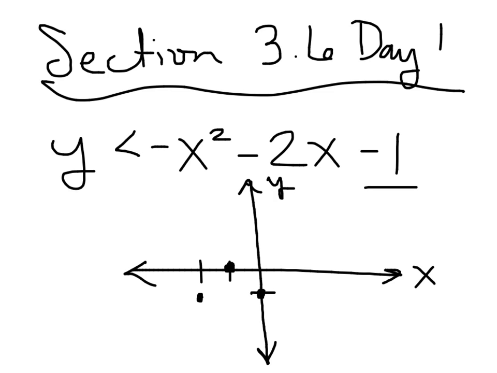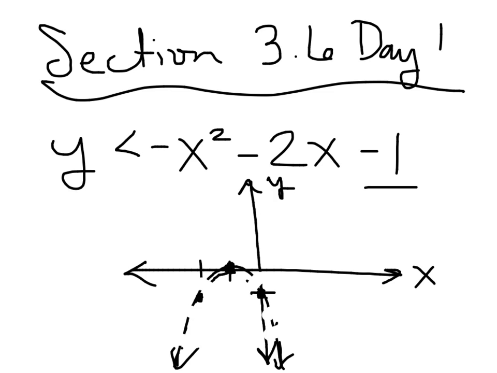If you physically cannot dash a parabola, first of all, make sure you use pencil, draw lightly, and then go back and erase little dashes into it. Okay? What I mean by that is if you can't physically make it look like a dashed parabola, then what I would do is make a parabola and then use my eraser and erase little hash marks in it so it looks like it's dashed.